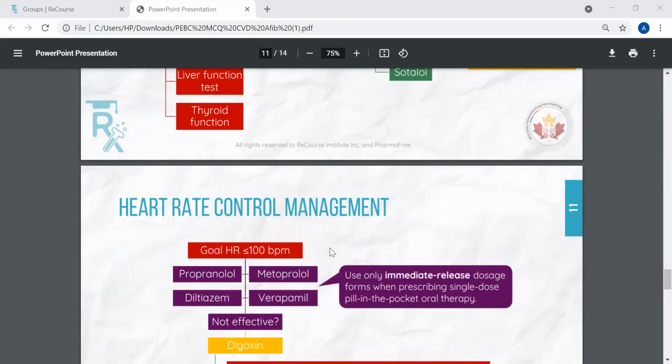But if there are some criteria to go to the rate control, like it's not the first time, or he is more than 65 years, and the patient asks me, no, I want to fix the problem from the beginning, so I can use the rhythm control. Am I right or not?